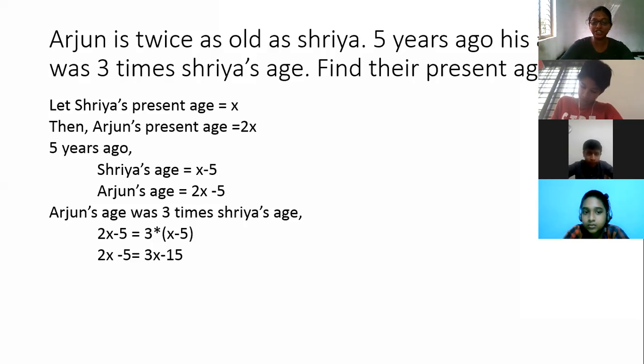This is a linear equation in one variable having variable on both sides. Since in LHS there is 2x and in RHS there is 3x. That is, x lies in both LHS and RHS. So, what do we have to do first? We have to arrange this.